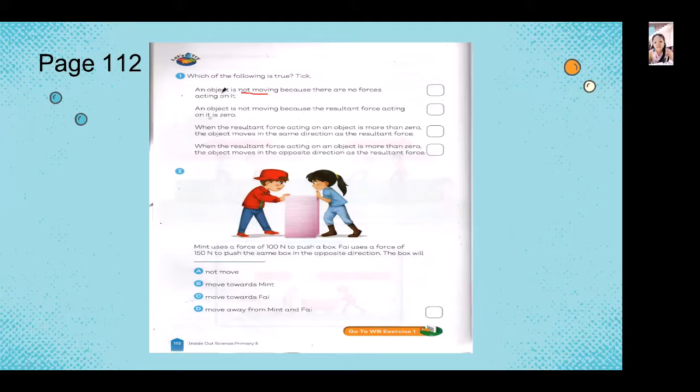Or you pull it, right? Yes. When you want to move your chair, what will you do? I will push it or pull it. Yeah, and look at this statement here now. An object is not moving because there are no forces acting on it. True or false?